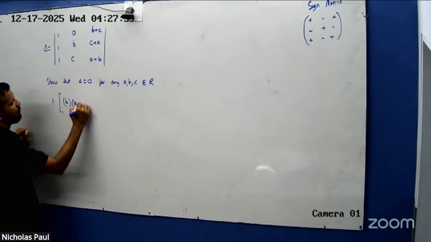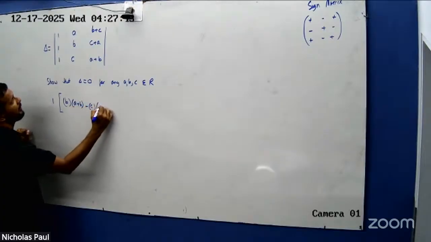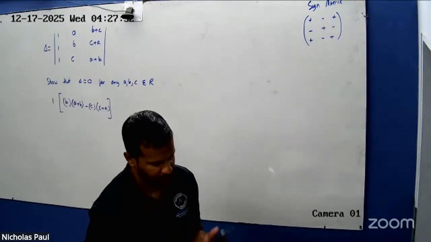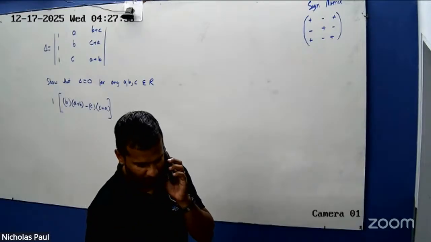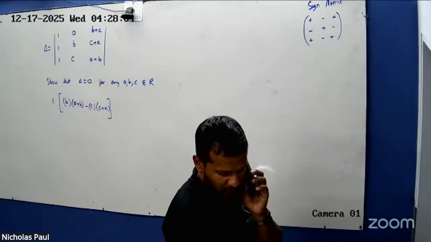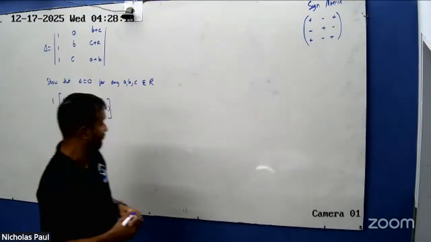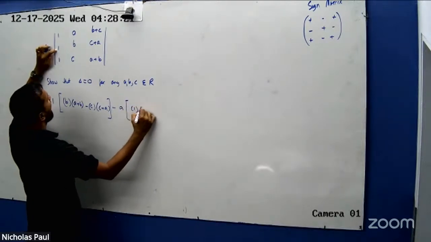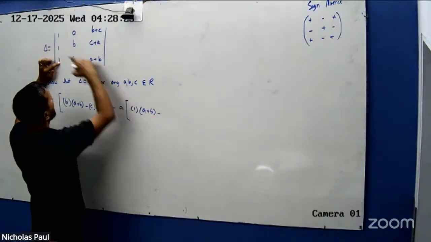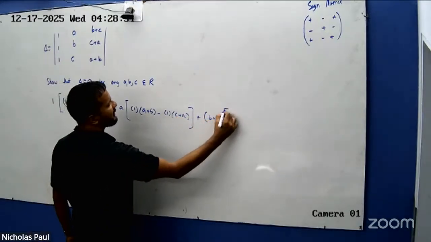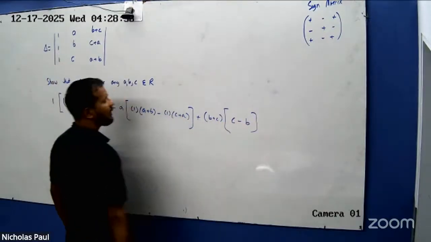B by A plus B minus C by C plus A. Right, next will be minus A by 1 by A plus B minus 1 by C plus A plus B plus C by C minus B. Hopefully this simplifies to something nice.